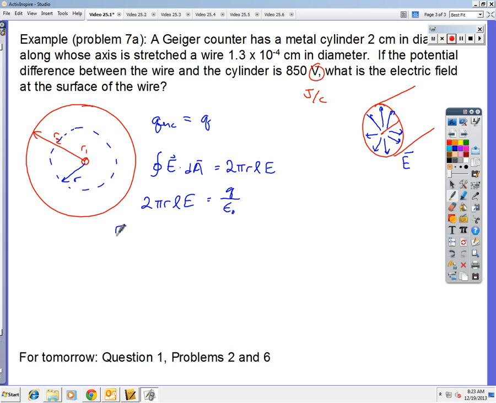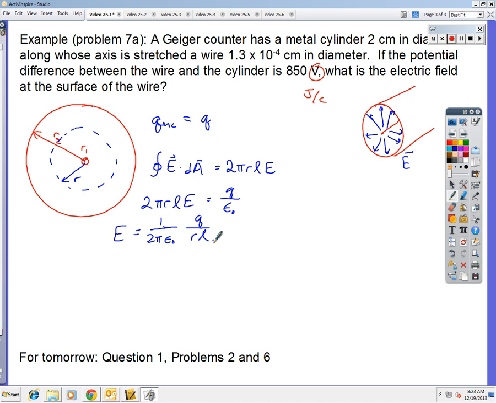And so the electric field is equal to 1 over 2 pi epsilon 0 times Q over RL, where R is the radius, L is the length of the Geiger counter, and Q is the total charge on the wire in the middle. Notice that we don't care about the charge on the outside cylinder, because it is not enclosed in our Gaussian surface.